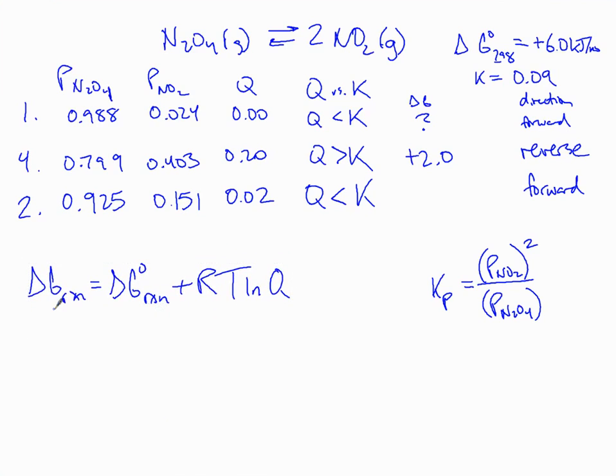The delta G, or the change in free energy for the reaction, equals the standard free energy change plus RT ln Q. This term at the end is how we figure out how this works outside of those standard conditions. We have a standard delta G. It was given to us. It is positive 6.0 kilojoules per mole.